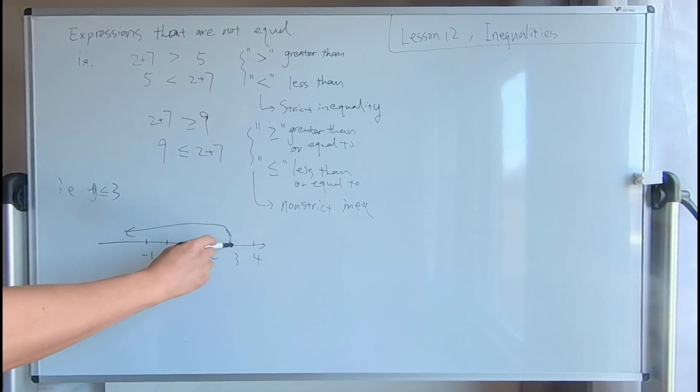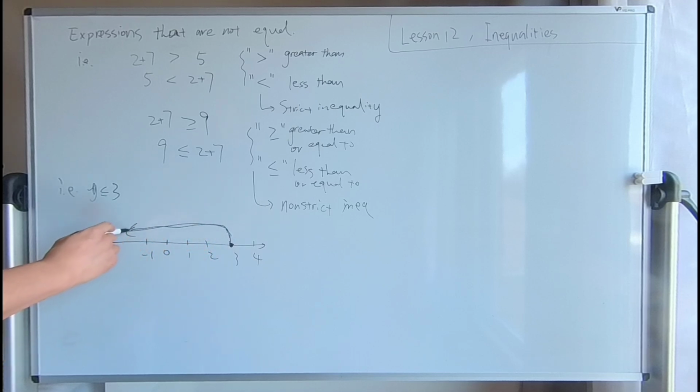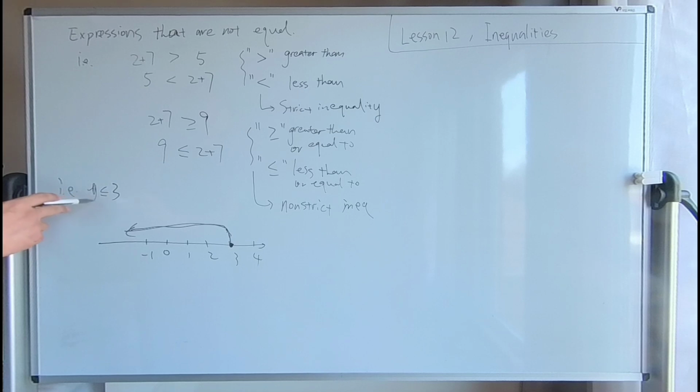If it's equal, we use a solid dot, and then we use a line to cover all the numbers that satisfy this inequality, right? All the numbers less than 3 or equal to 3 will satisfy this condition. For example, 0 is less than 3, 3 is equal to 3, minus 1 is less than 3. All the numbers over here are less than 3. So this is one example.